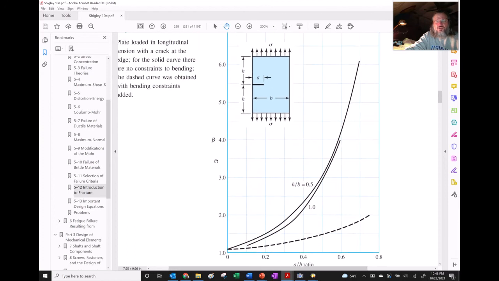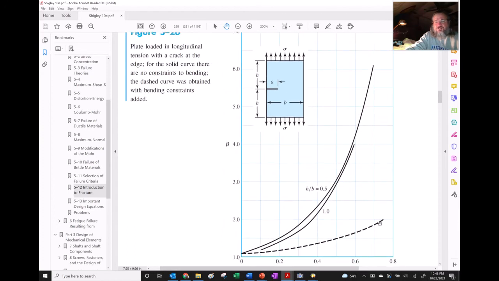Okay. There's also something you should notice, this dashed line right there. The dashed line was obtained when bending constraints were added, which is to say that when you start cutting this thing, it creates a bending moment that's going to be put onto it. So for the solid curve, there are no constraints to the bending, so it's going to go ahead and bend.